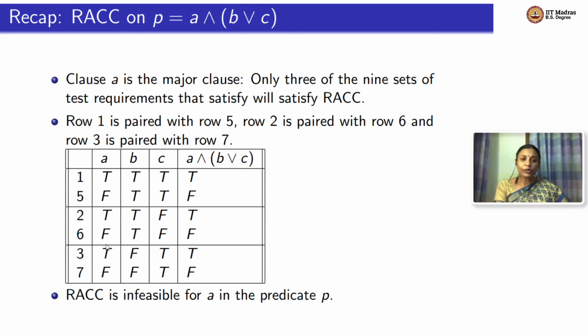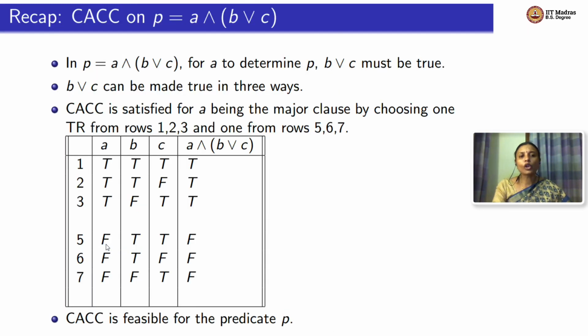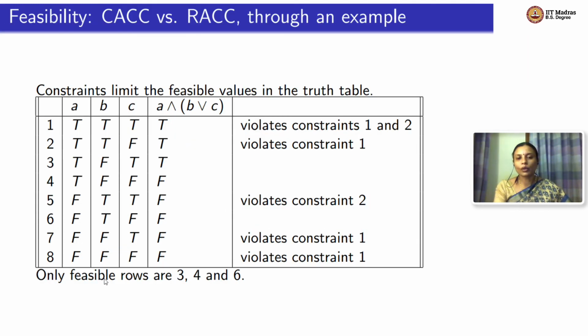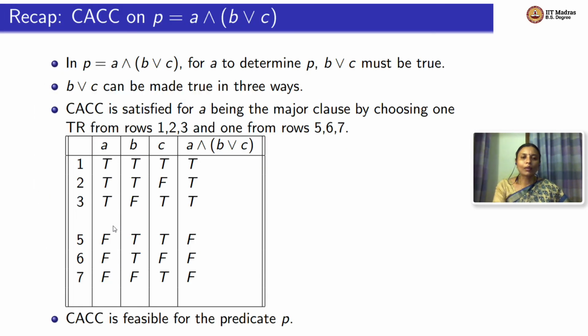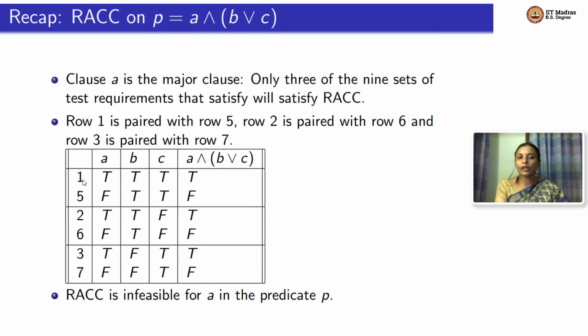But now if you see, which are the possible combinations that we can choose for this requirement? There are only three possible rows that could possibly come for test cases: 3, 4, and 6. For RACC, we either need 1 and 5 together. That's ruled out because they violate one or more of the constraints. 2 and 6 together.